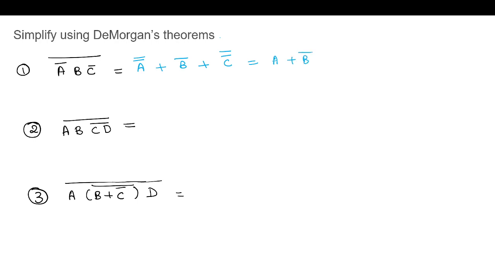So A plus B bar plus, for this A bar plus B bar plus, here let's keep the same thing, so that we'll have A bar plus B bar plus C. And for this A bar plus, take this bar, then this complement will go. So it is B plus C bar, and for this again plus D complement.